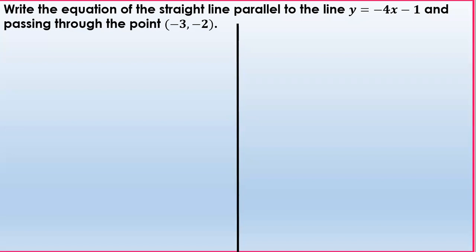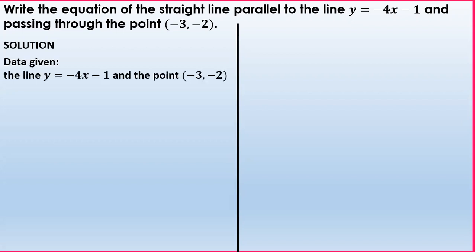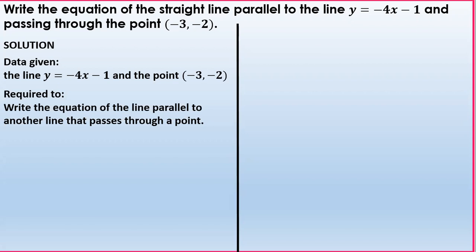Write the equation of the straight line parallel to the line y is equal to negative 4x minus 1 and passes through the point negative 3, negative 2. What were we given? We were given the line y is equal to negative 4x minus 1 and the point negative 3, negative 2.